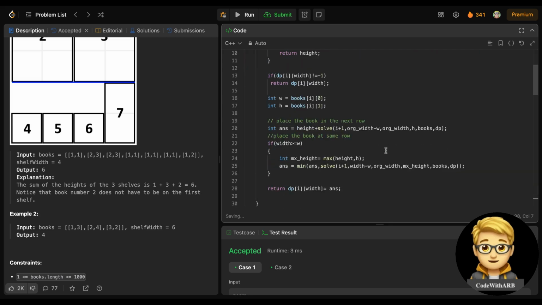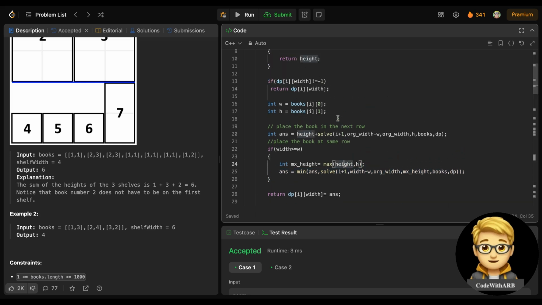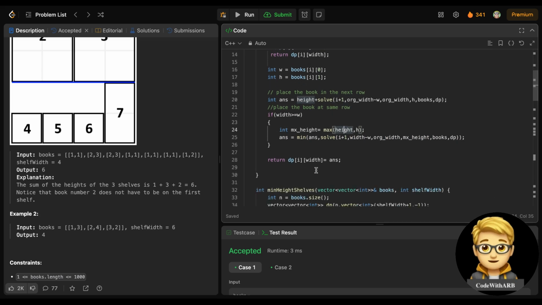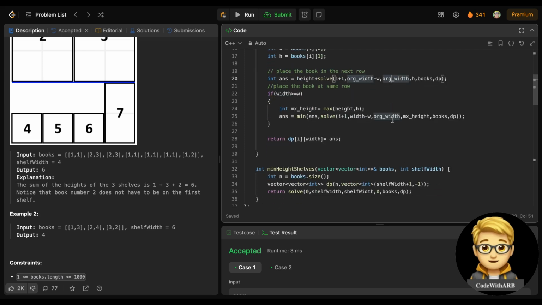So you see that the time complexity is calculated for when we want to place in the next row, and when we place in the same row, right? And this is DP[i][width], so that would be 2 to the power n when you use recursion. But after memoization, we have calculated for each and every one, so that would be definitely O(n * W), right?